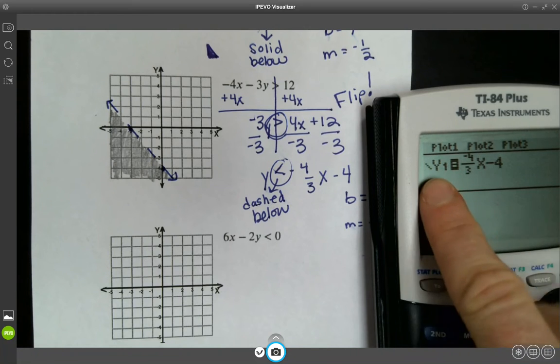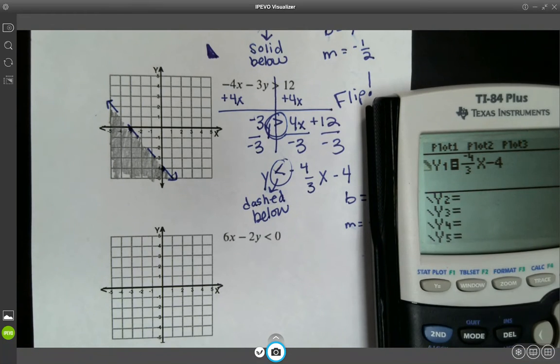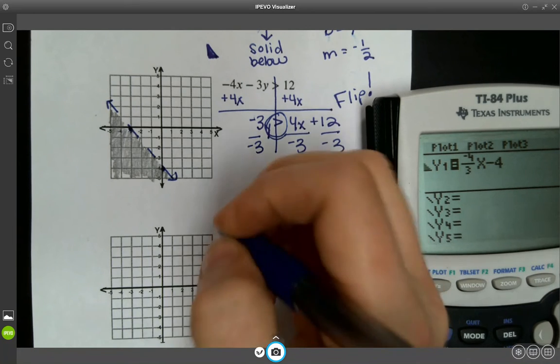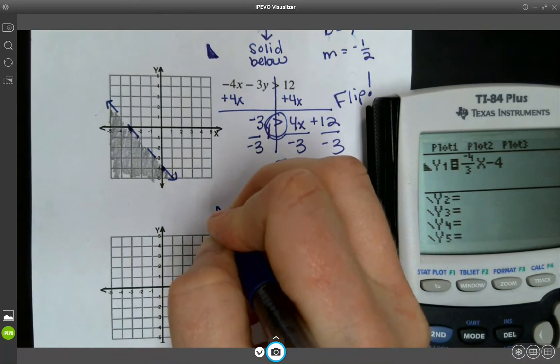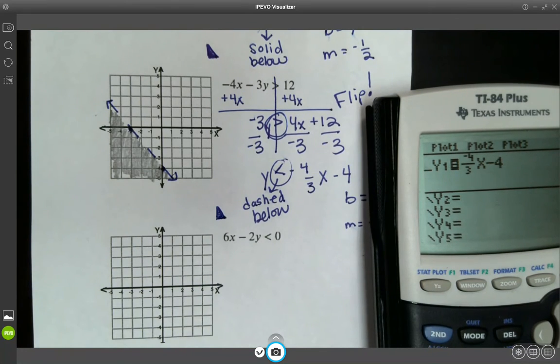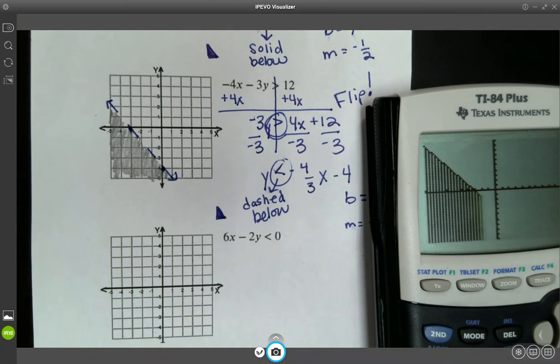And since it's below, we're going to pick the below triangle, which looks like that. So in the calculator, it's going to look like a little right triangle sitting on the bottom. Hit graph and check out your work.